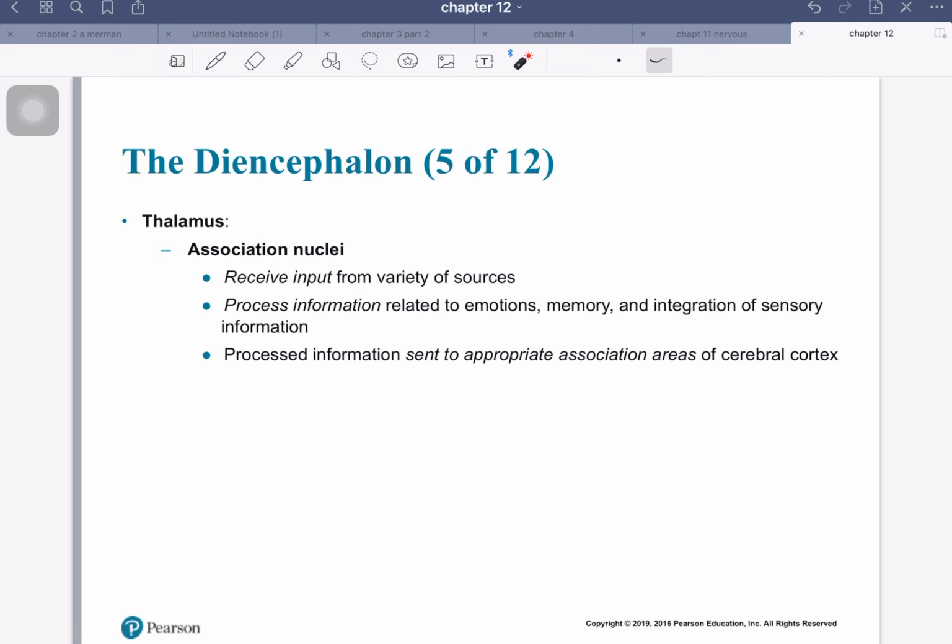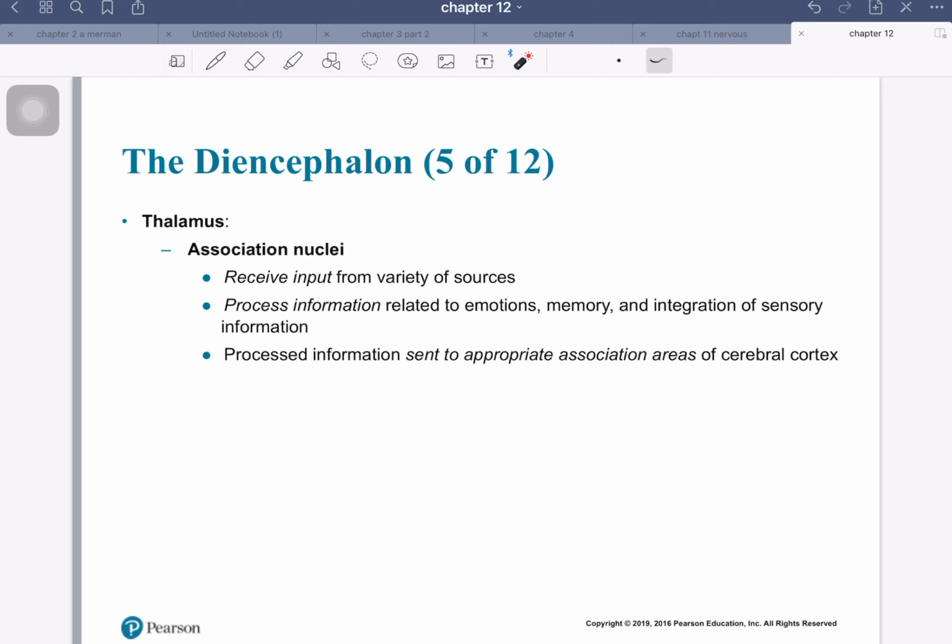So the thalamus also has association nuclei, which receive information from a number of sources. Some of the things these nuclei are involved with are processing information about things such as memory and emotions, and they also help to integrate sensory information at this level.